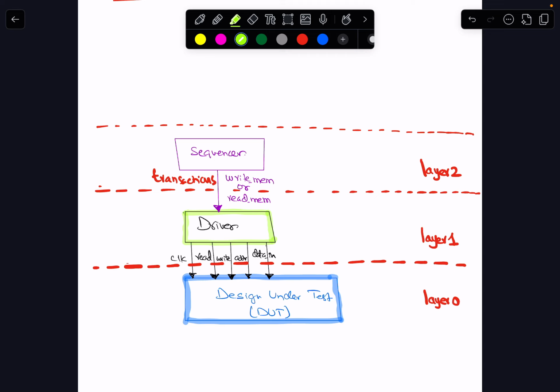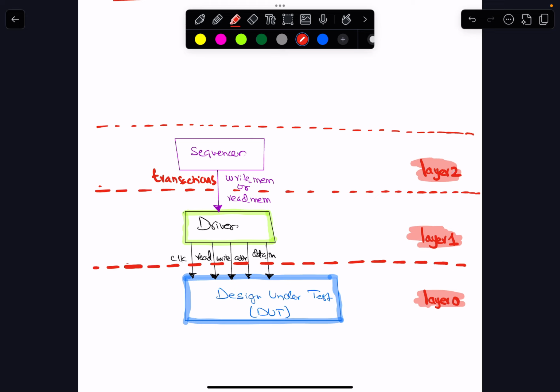So layer 0 is your DUT, and layer 1 is your driver. Okay, and then what I was talking about is high level transactions. So you just go one layer up.